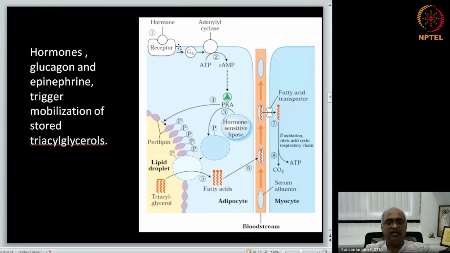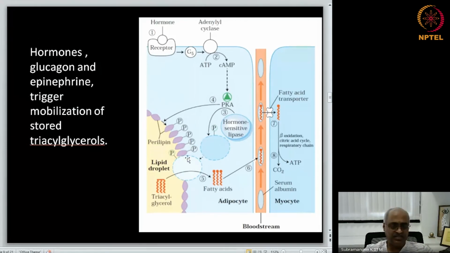But now when the hormone signal comes and this protein kinase is active, I told you protein kinase phosphorylates this lipase, and the phosphorylated lipase is the active version. And another substrate for this protein kinase A is this perilipin itself. And when this perilipin is phosphorylated, now it allows access.